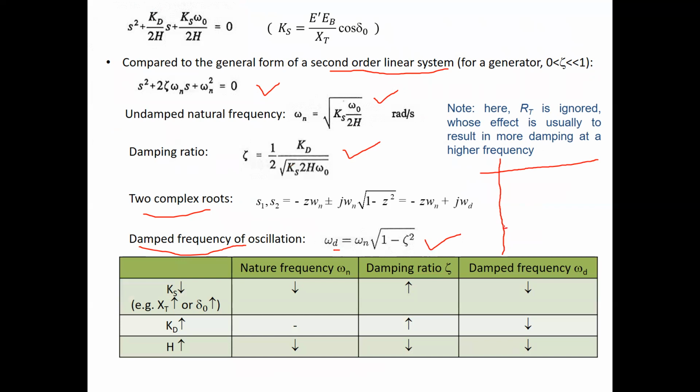Let's say this was the initial steady state point of the angle. Following the disturbance, the angle can change this way. So what you find here is that the rotor angle will have a few oscillations, and then it will settle down.